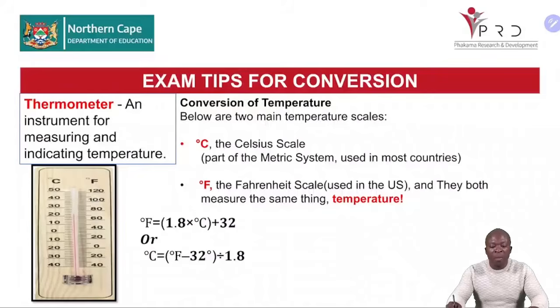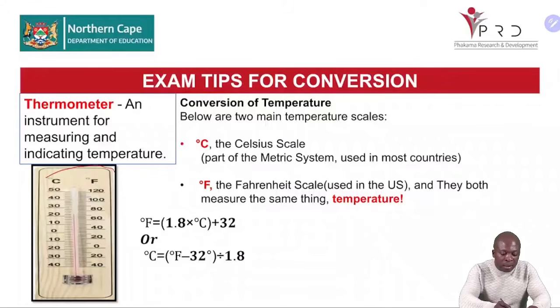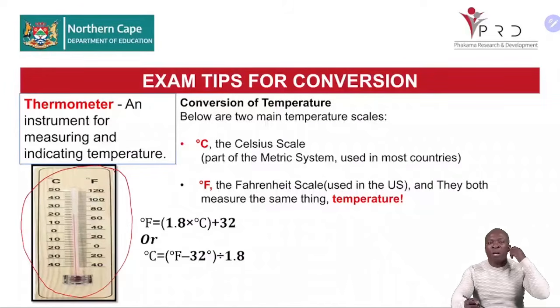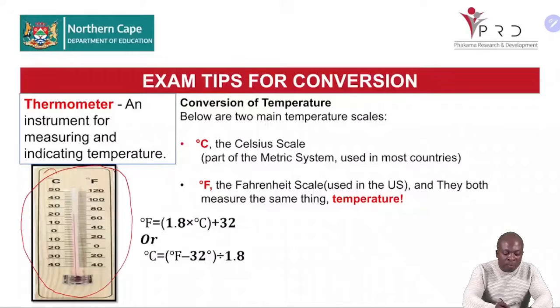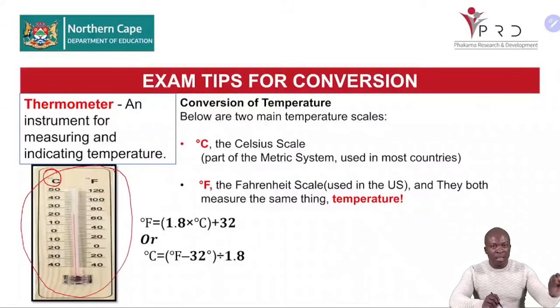How about temperature? We need to convert. We need to learn how to convert. So if you look at this object that I've put on the screen here, that is what you call a thermometer. How do we call it? Thermometer. So you see that on one side, it has got the measurements in degrees Celsius.